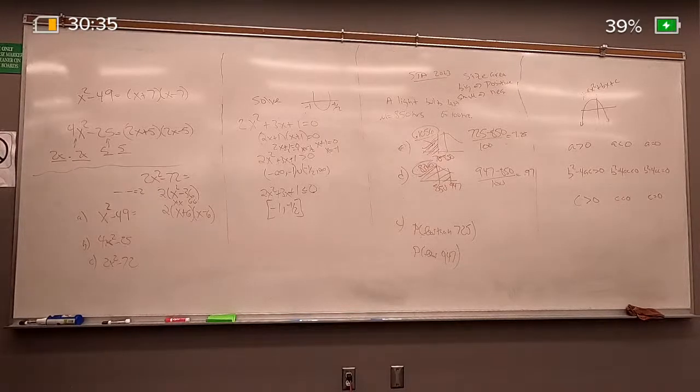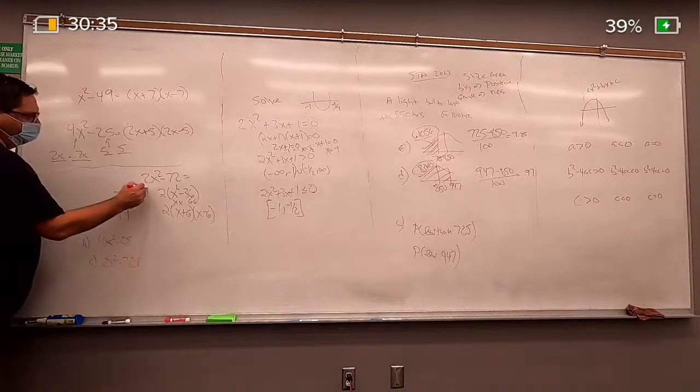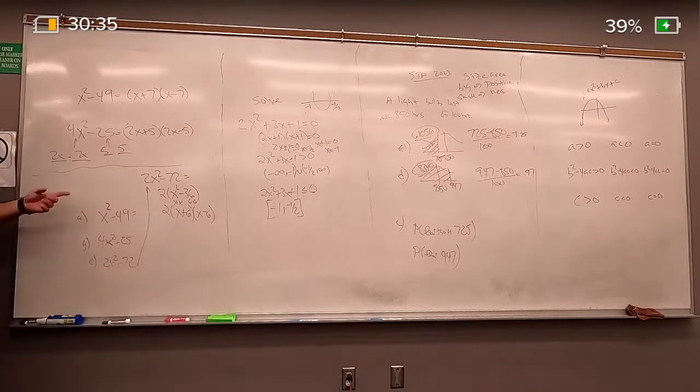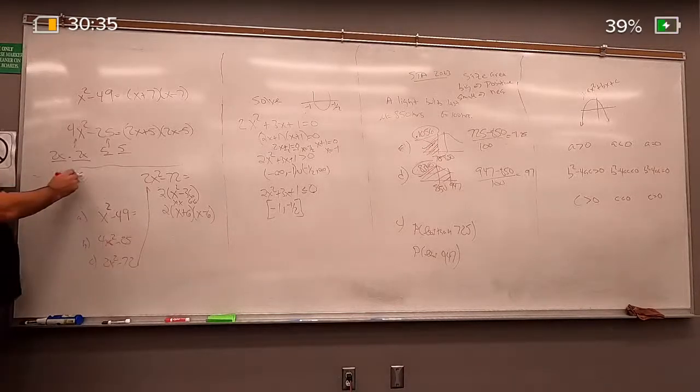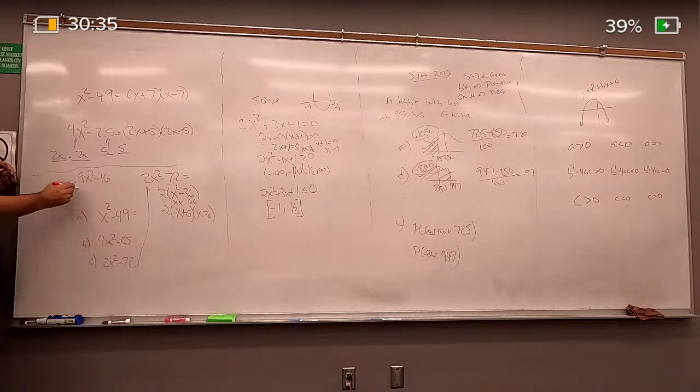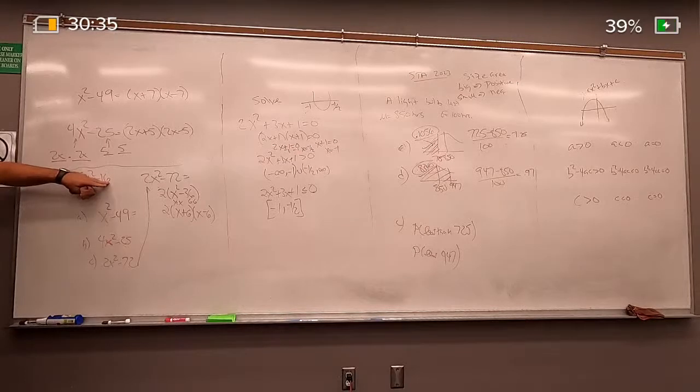So this problem is this problem here. People will ask, do we always take the number in front and move it outside? No, not always. It is if that number goes to both of them, that's the truth. But if it's 9x squared minus 16, you don't take the 9 out because 9 doesn't go into both of these. Does that make sense?